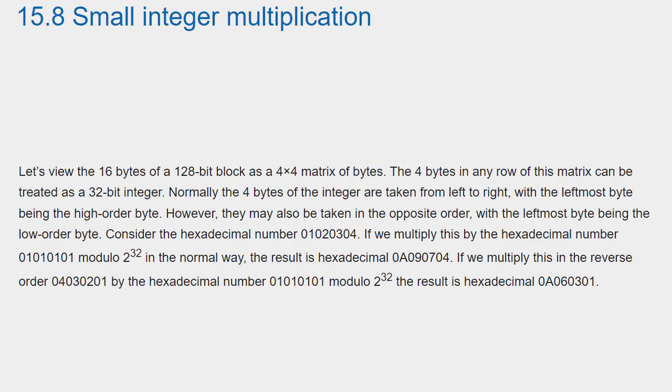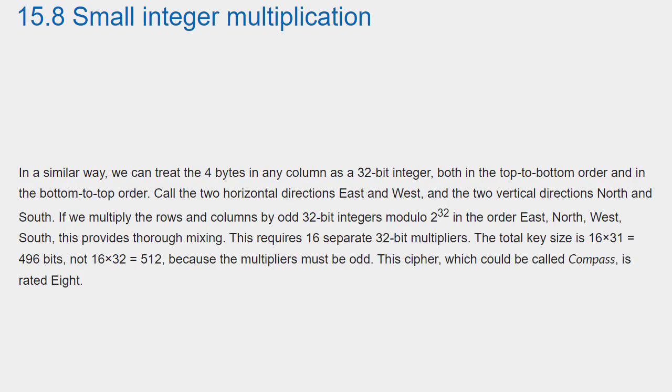If we multiply this in the reverse order, 04030201 by the hexadecimal number 01010101 modulo 2 to the power 32, the result is hexadecimal 0A060301. In a similar way, we can treat the 4 bytes in any column as a 32-bit integer, both in the top-to-bottom order and in the bottom-to-top order.